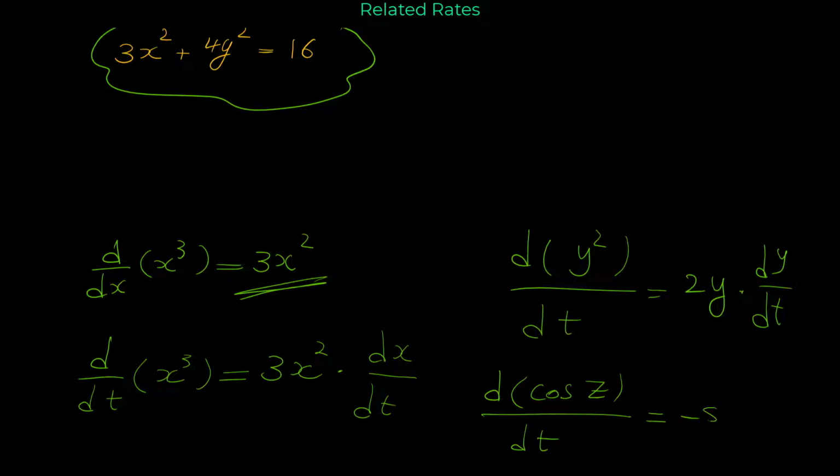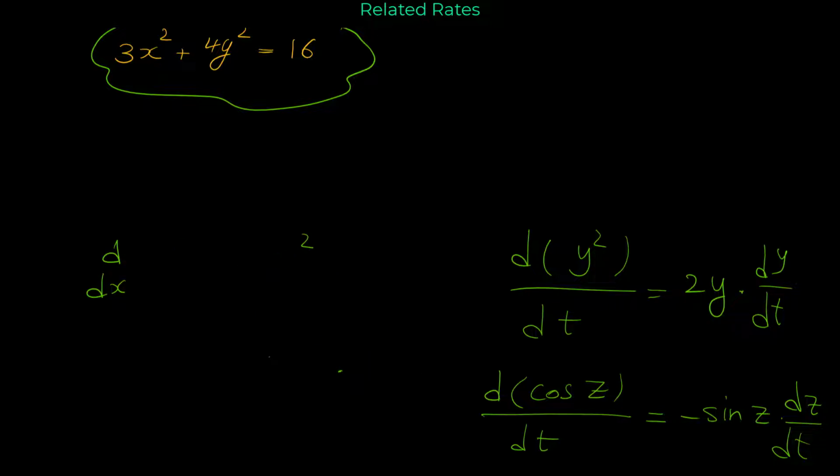The derivative of cosine is negative sine, but don't forget to multiply it by dz/dt. So take the derivative with derivative rules, but always remember to multiply it by the derivative of the variable with respect to t. This is how we differentiate an expression with respect to time.